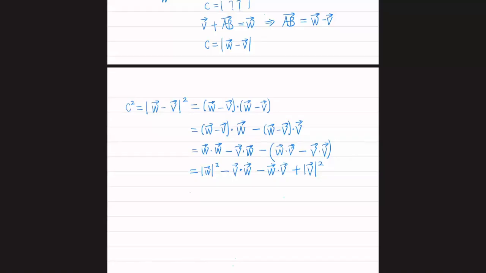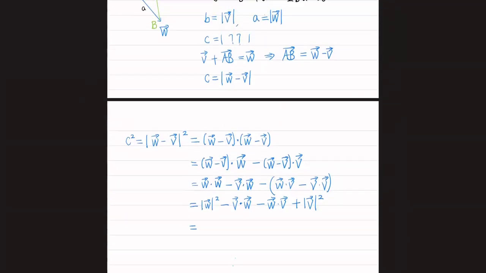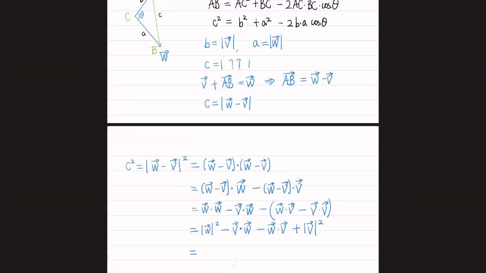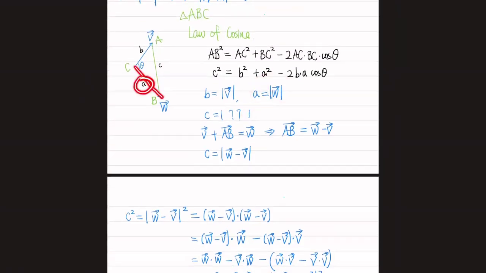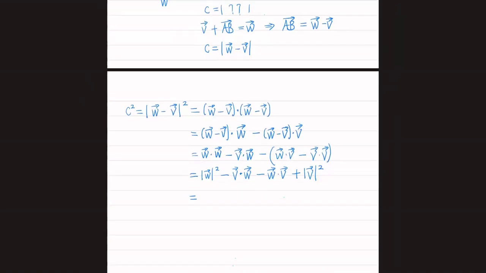Now let's check what is the norm of w. The norm of w is this side, a. A squared. As we mentioned before, the dot product is commutative. So vw, wv, they're the same.